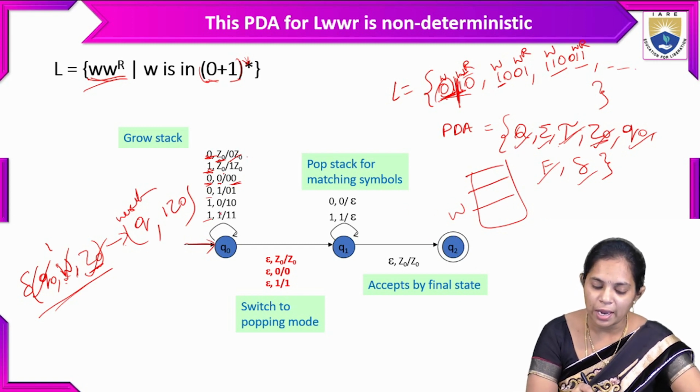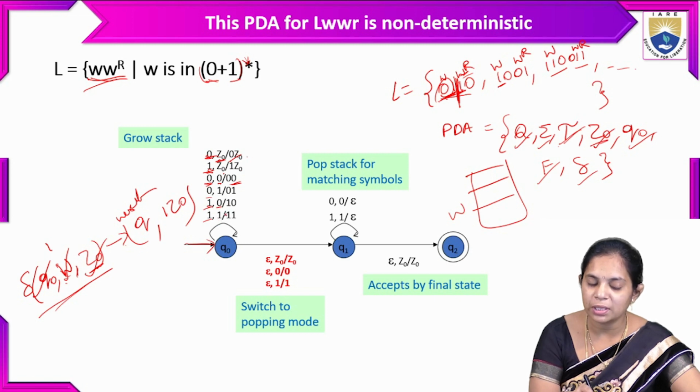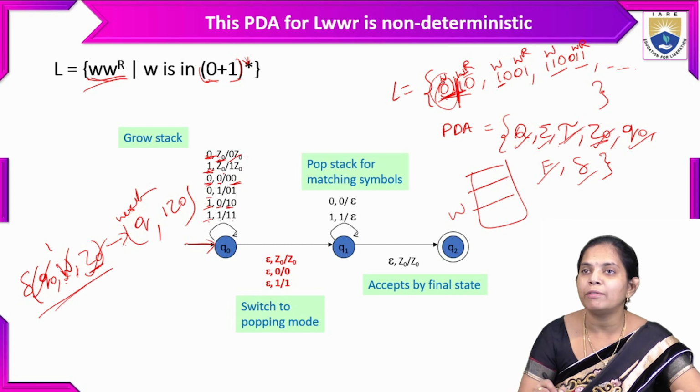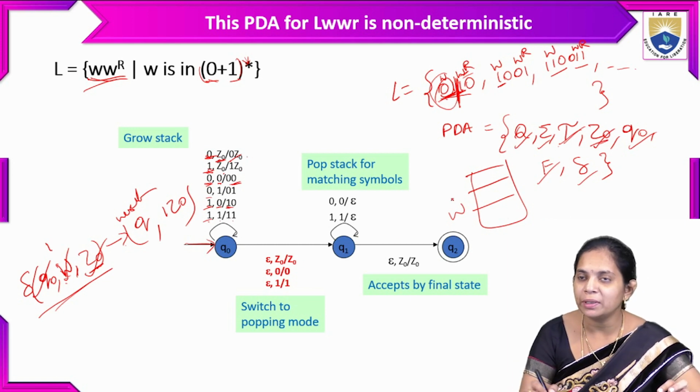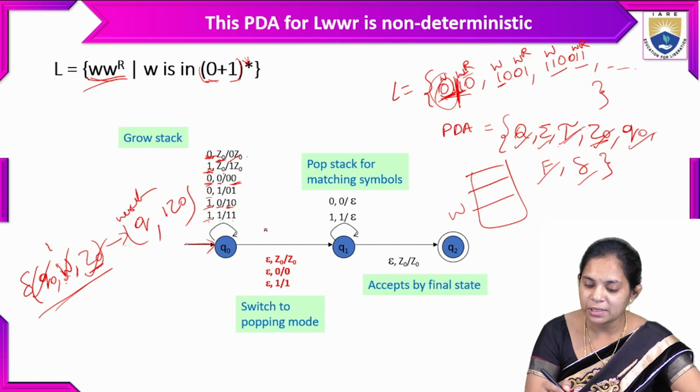Next, here 1 is the input symbol and the top of the stack symbol is 0, and we push that 1 into the stack. And here 1 also. So these are all the cases for W: whatever symbol appears in W, the push operation should be performed. And next we have W reverse.